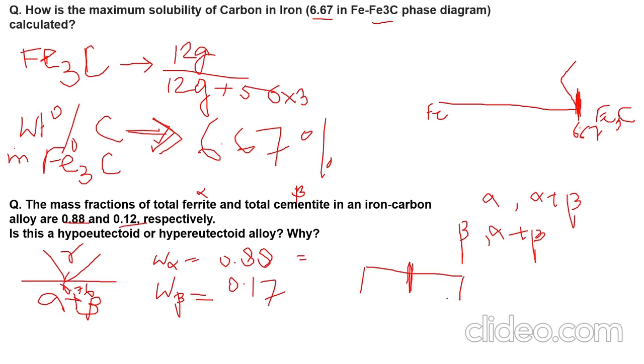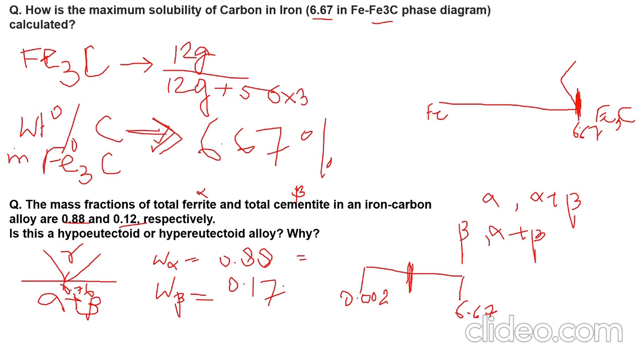We are given the endpoints, 6.67 and 0.002, because this is the maximum for cementite, this is the maximum for ferrite, and we are somewhere in between in the iron-carbon phase diagram, right?